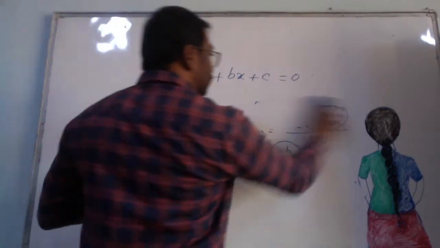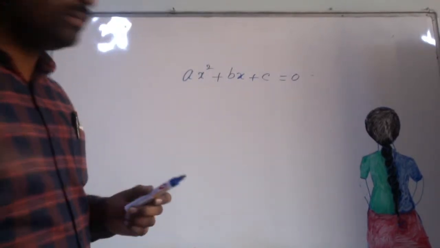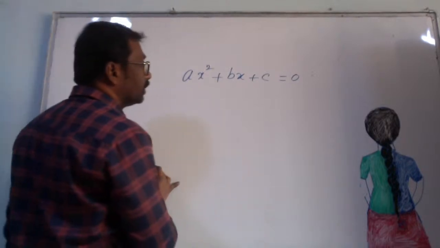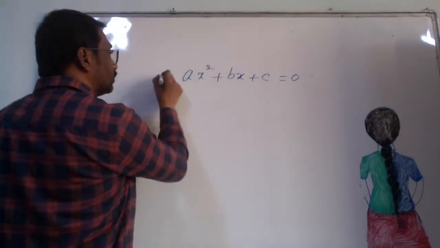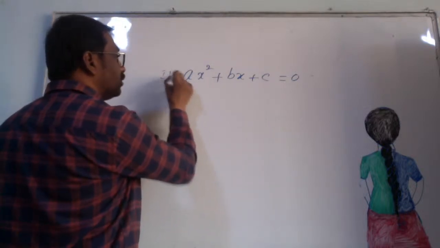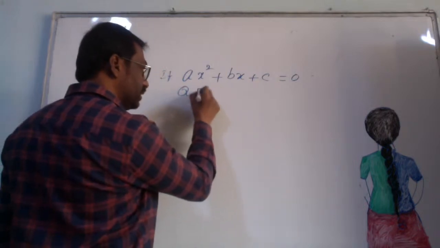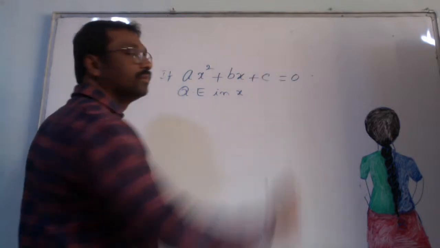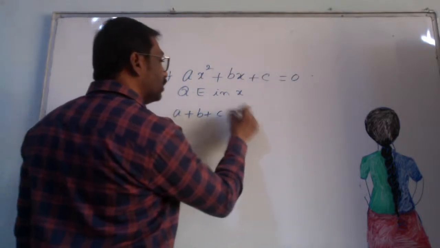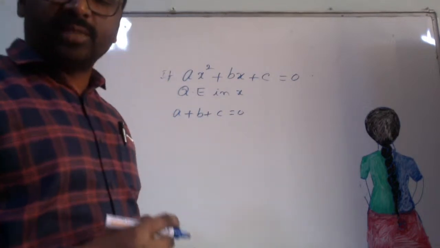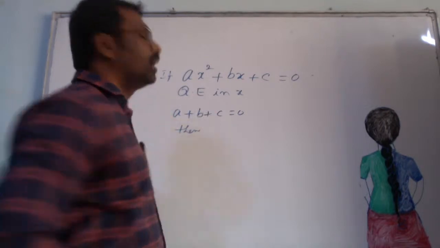One more point I will give, because maybe you didn't notice this point before. If ax square plus bx plus c equal to 0 is a quadratic equation in x, and a plus b plus c equal to 0, then what are the roots here?